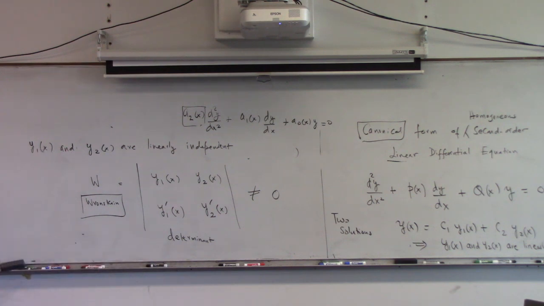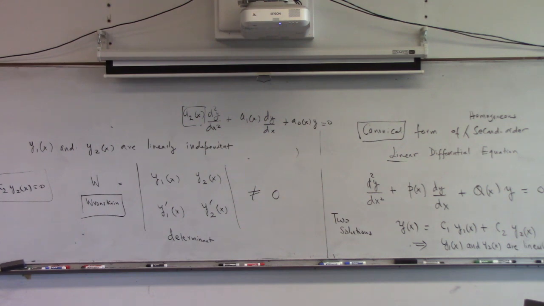Supposing you have y1 and y2, then you form some linear combination. Is that linear combination linearly independent or not? I mean, when can it be linearly independent?